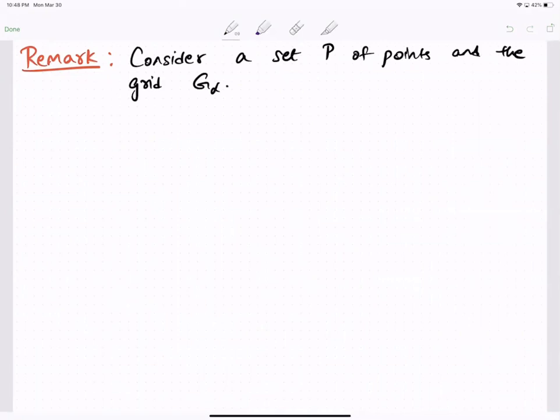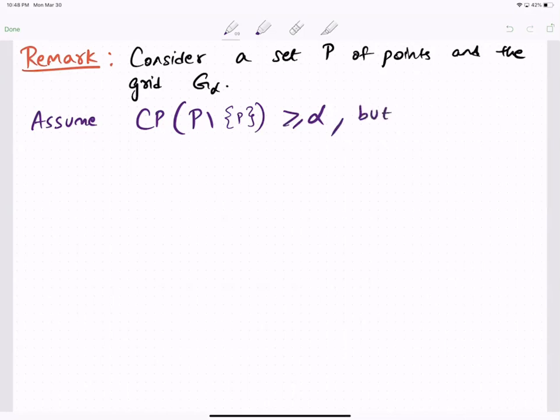Now, assume there's a point p such that if you ignore that point p, then the closest pair is at least alpha. But if you include this point, then the closest pair is less than alpha. So in some sense, this is a very critical point. What we are saying is p is a critical point because it's going to alter the decision about the closest pair.